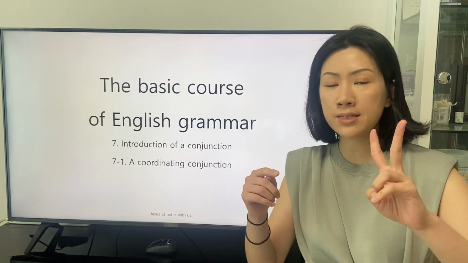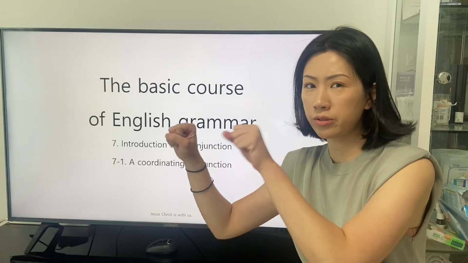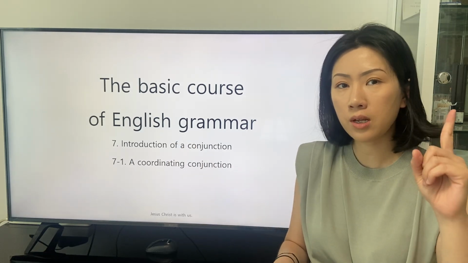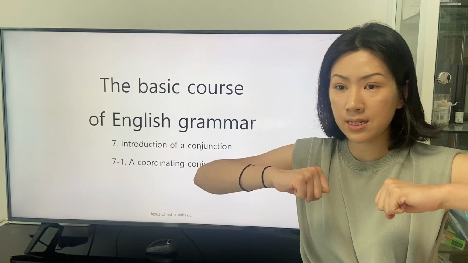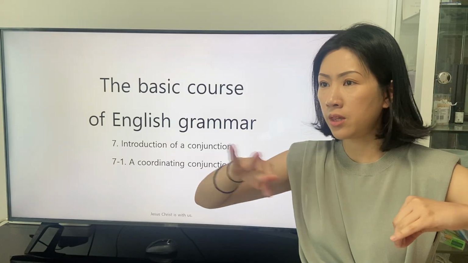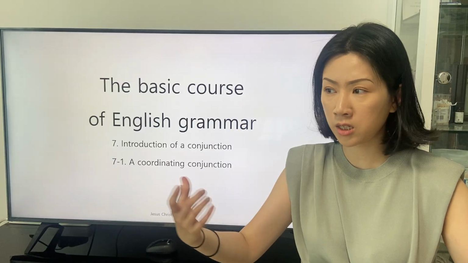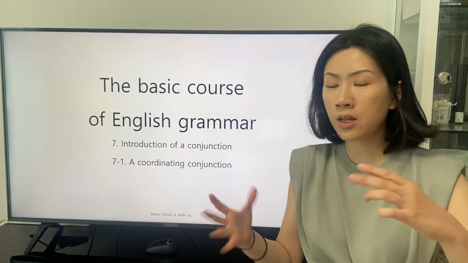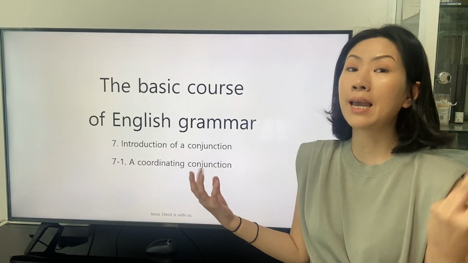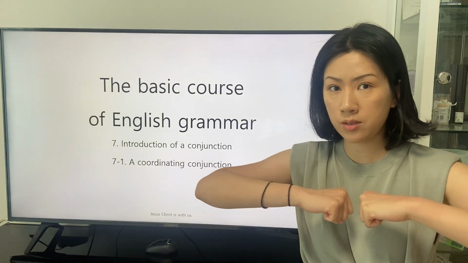There are 2 ways that a conjunction links the 2 clauses. The first way is to link the 2 clauses in the equivalent grammatical status. And in that case, the coordinating conjunction is applied to link the 2 clauses.